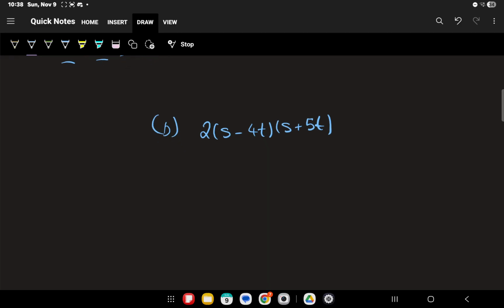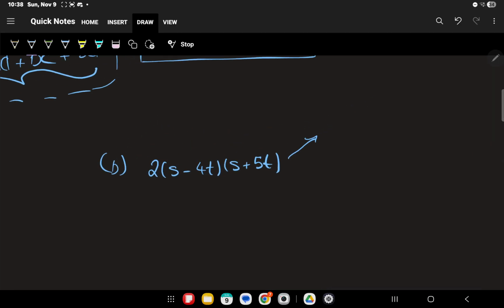Let's move on to this one. Now you have two brackets, but there's a little twist. You have a 2 here, right? It's essentially the same thing, still the same format, but you just have a 2 before the bracket. There are two ways you can approach this.